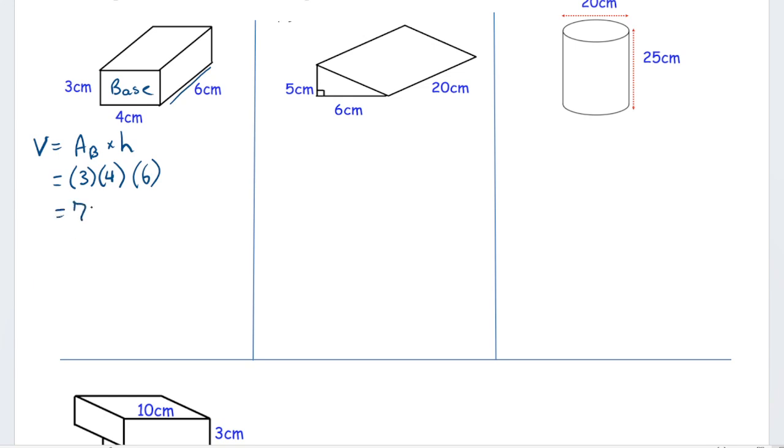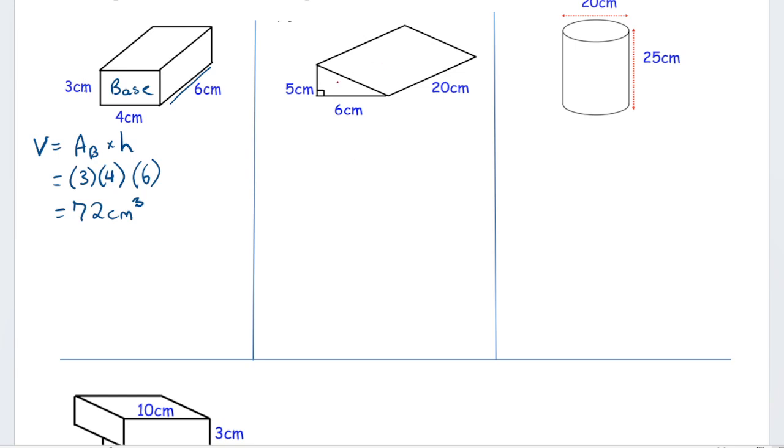So we have 72 centimeters. And now we have cubed. So a length is just centimeters and area is centimeters squared. When we have volume, it's going to be cubed. Centimeters times centimeters is centimeters squared. Centimeters squared times centimeters, centimeters cubed. Okay?